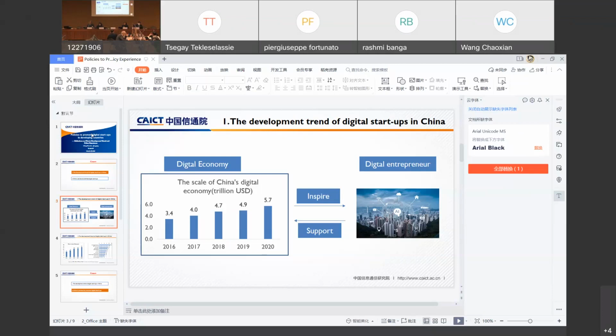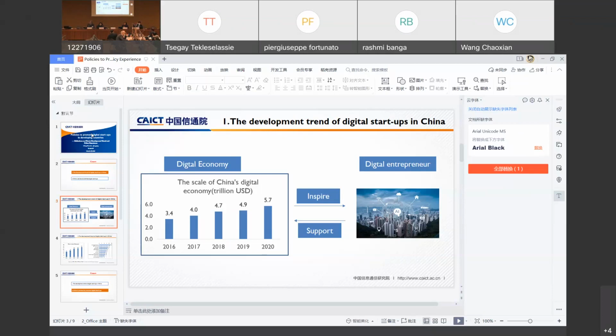Although we have not developed a method to measure digital startups like the European Index of Digital Entrepreneurship Systems, the development trend can be seen from the distribution of unicorns.